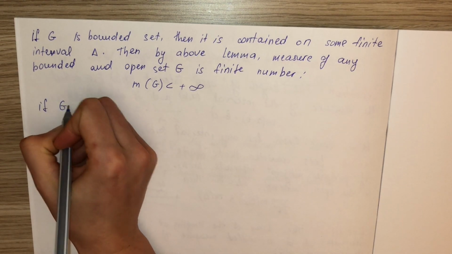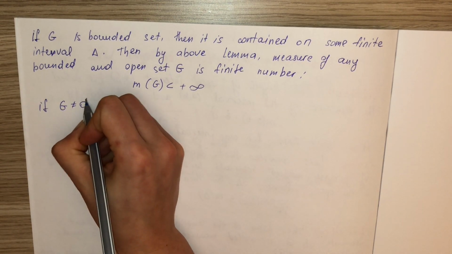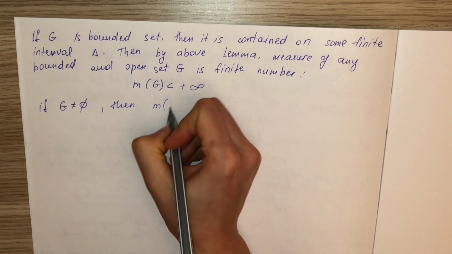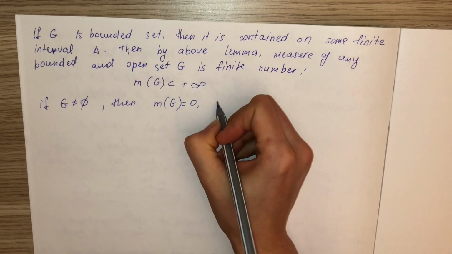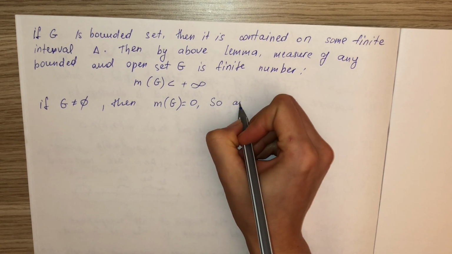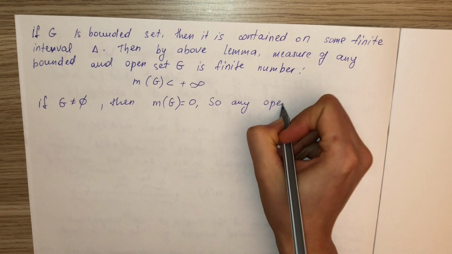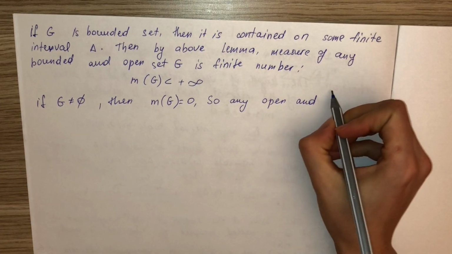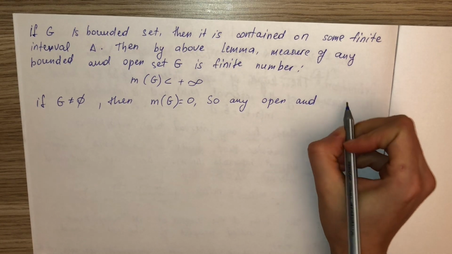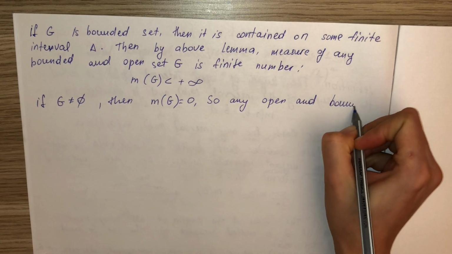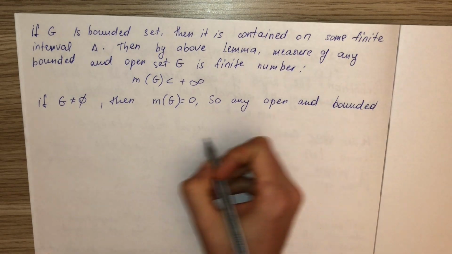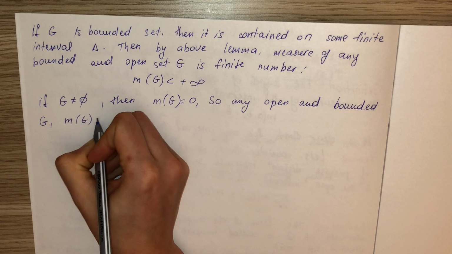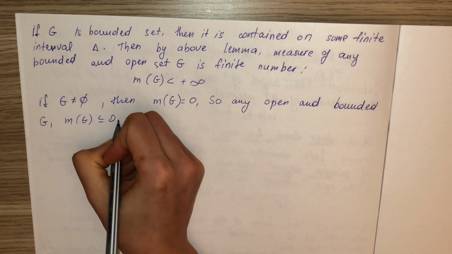If G is a closed set, then m(G), of course, is 0. So for any open and bounded G, m(G) is greater than 0.